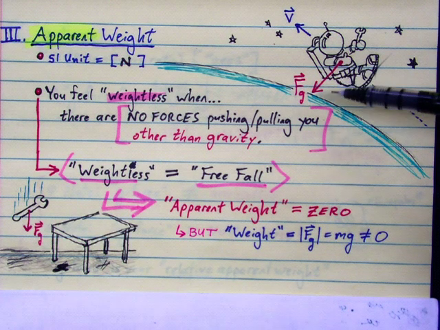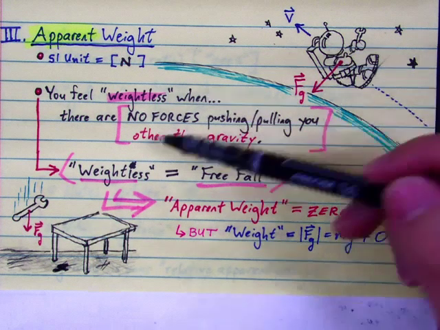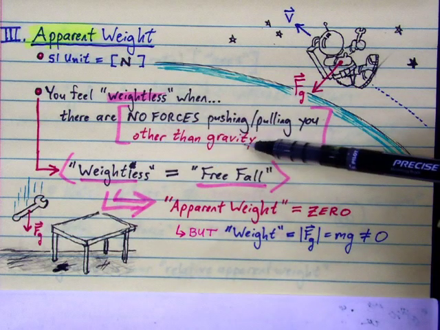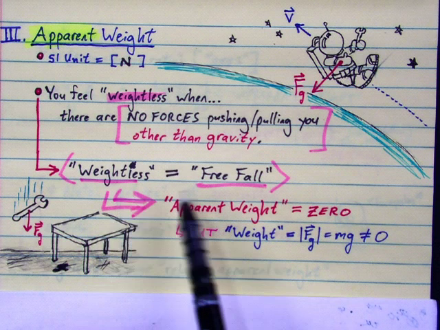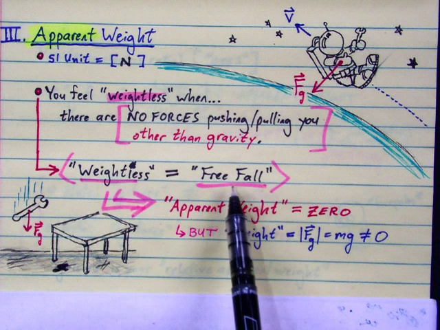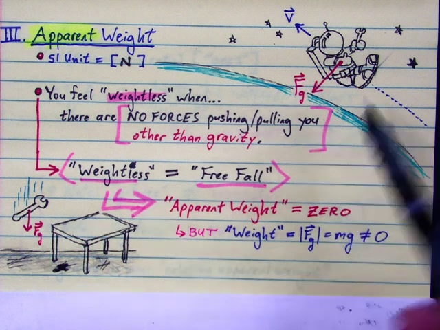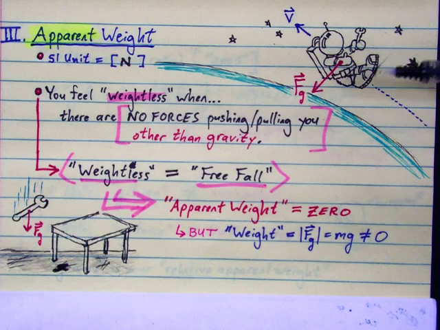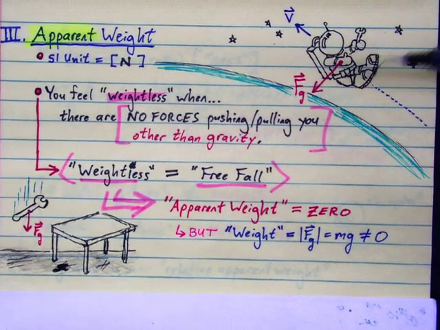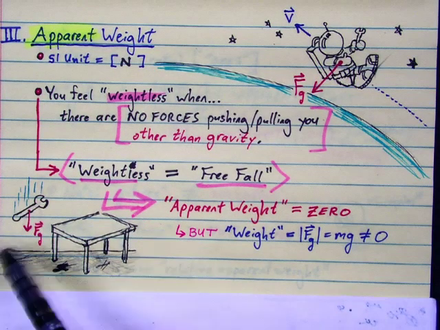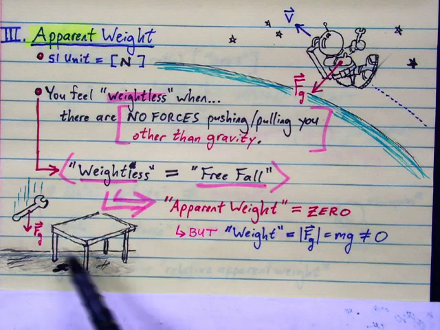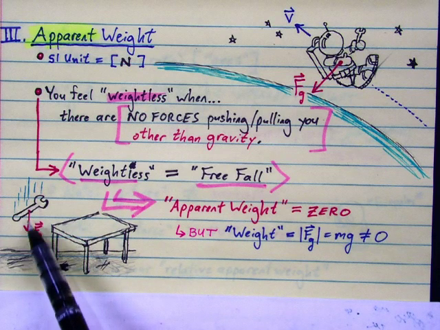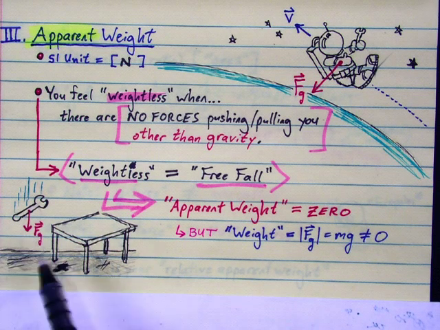You feel weightless when there are no forces other than gravity pushing or pulling on you. Weightless means the same thing as free fall. So this astronaut is in free fall, feeling weightless. And so is, back down here on Earth, this wrench that's been dropped off of this work table here. This wrench falling towards the ground, only the force of gravity is significant acting on it.